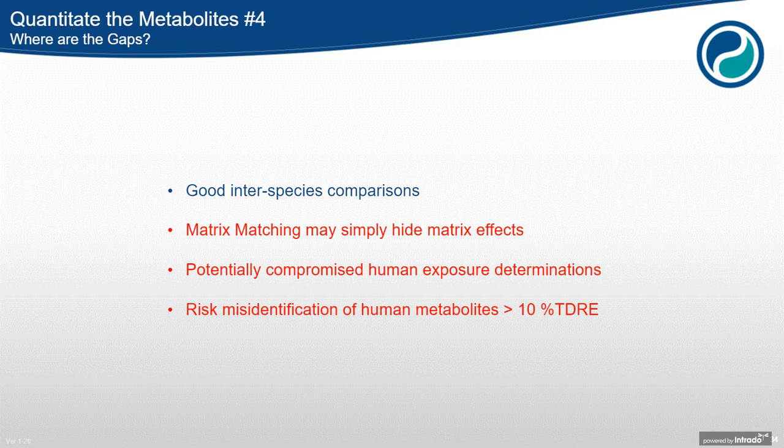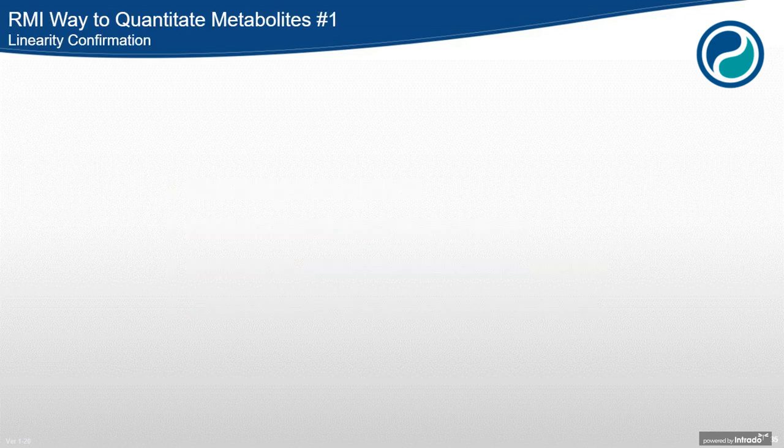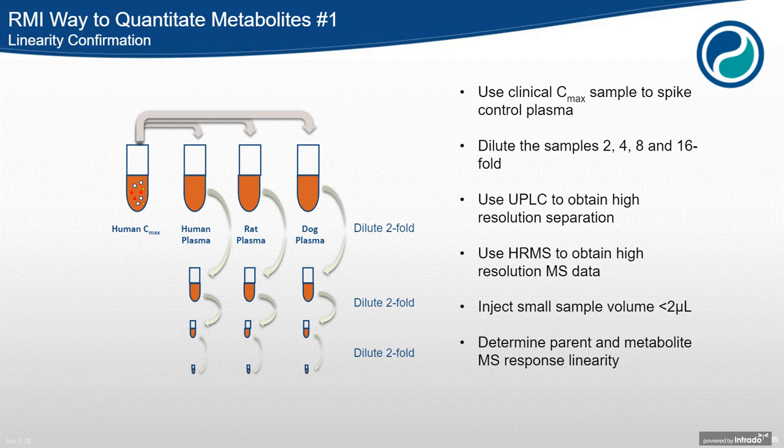So RMI and Frontage have updated and modified this approach, next slide please, to address the requirements of NIST. So what we do here, we take the human Cmax sample and we spike that into control human plasma, control rat plasma, and control dog or monkey plasma, whatever is your non-rodent safety species, and then dilute those further with those control plasmas as well.